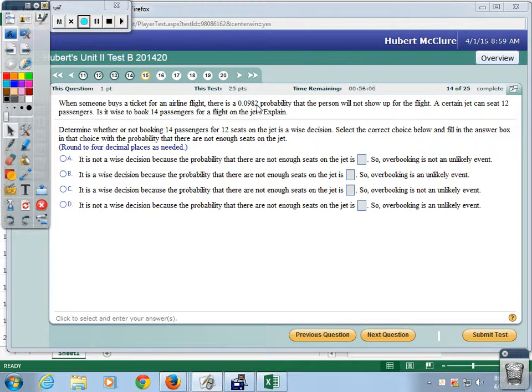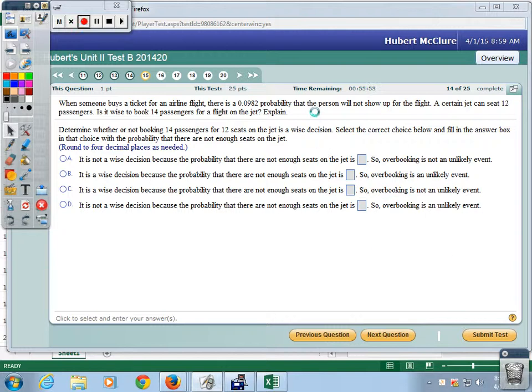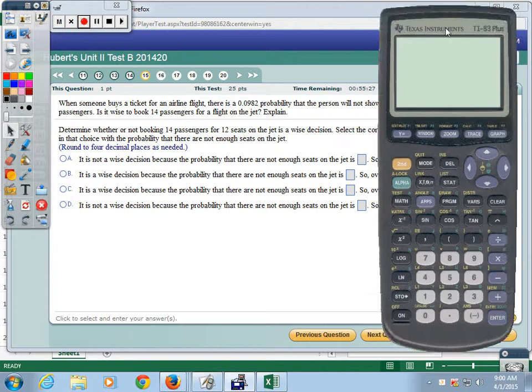In other words, you got to do two of them. But your P is what? The probability of somebody showing up, right? So that's going to be 0.9018. Somebody check me. Dang old probability. 0.9018. So I'll go ahead and put one of them in.